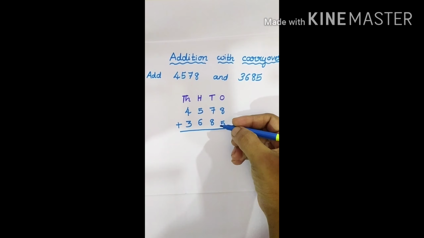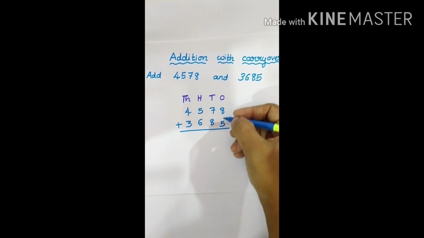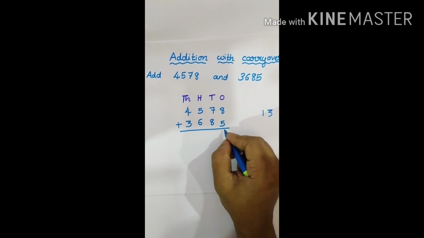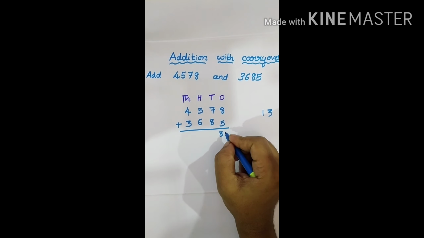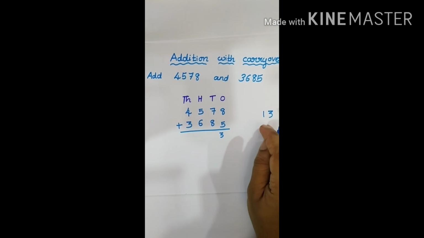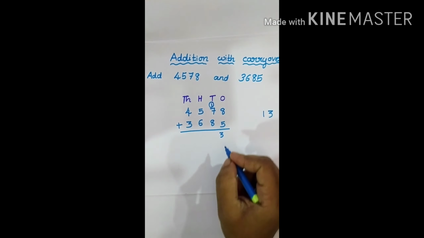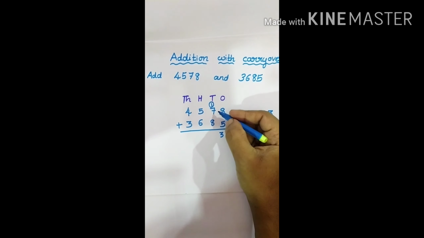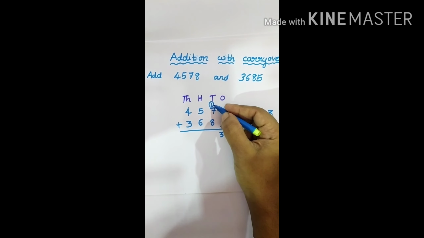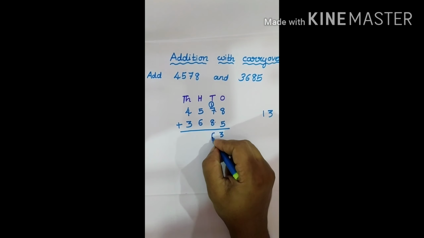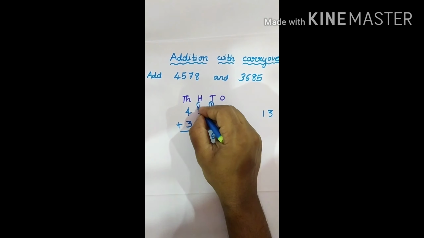We add the ones place. 8 plus 5 is equal to 13. 3 in ones place. Let us carry the digit 1 to the tens place. Now let us add the digits of tens place. 1 plus 7 is equal to 8. 8 plus 8 is equal to 16. 6, 1 carry over.